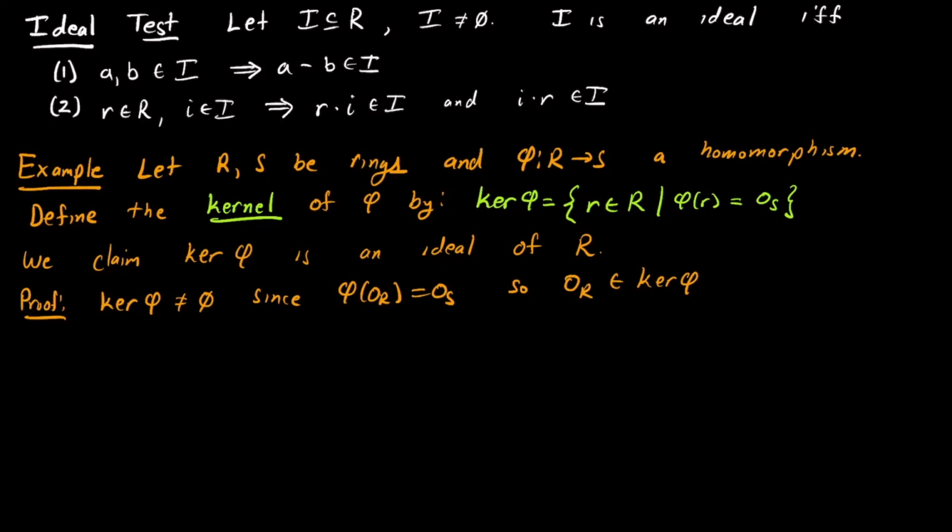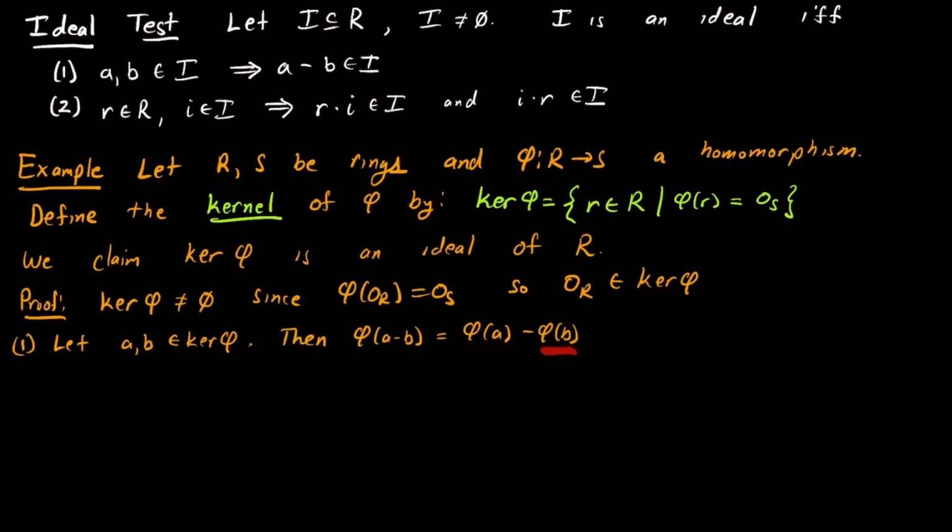Now let's check that it's closed under subtraction. So I'll say let A and B be elements of the kernel of phi. And what I want to do is look at phi of A minus B. Well, I know that this is phi of A minus phi of B. And since A is in the kernel, I know phi of A is 0.